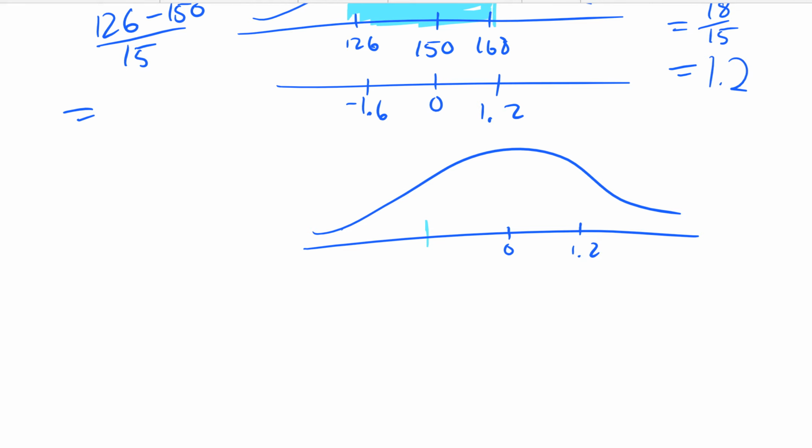Let me get the pen back. We're going to split this into two parts. From negative 1.6 to 0. And 0 to 1.2.